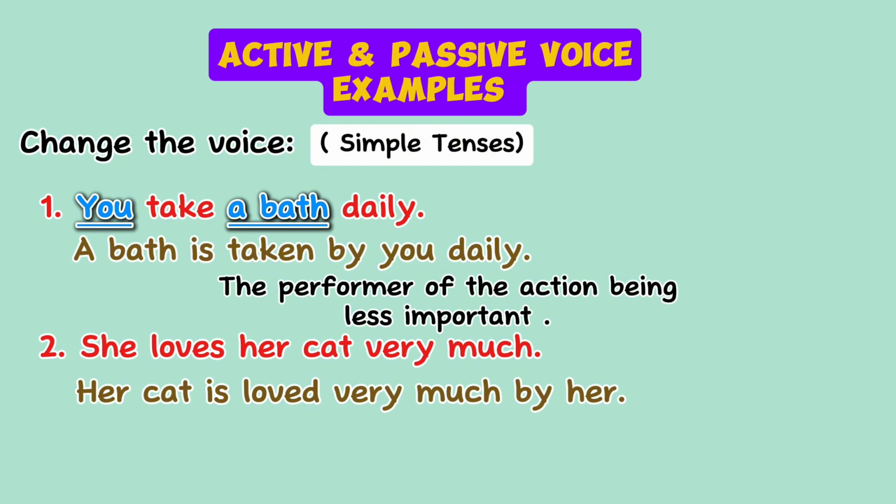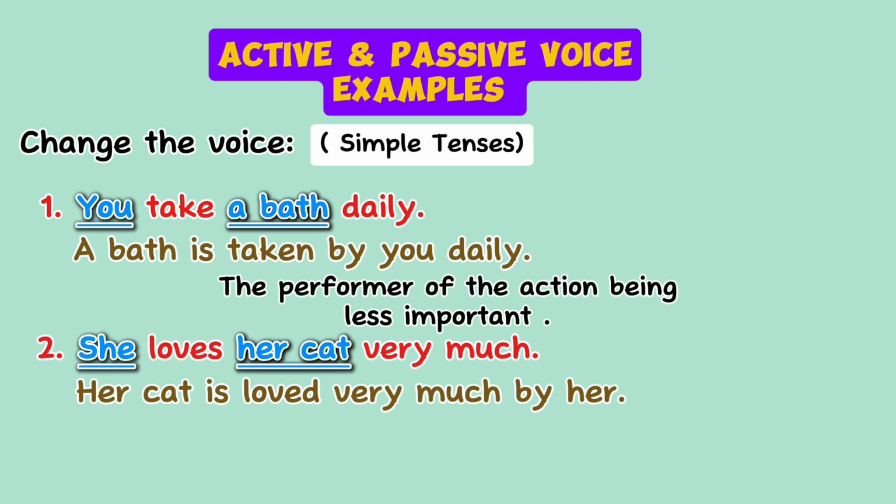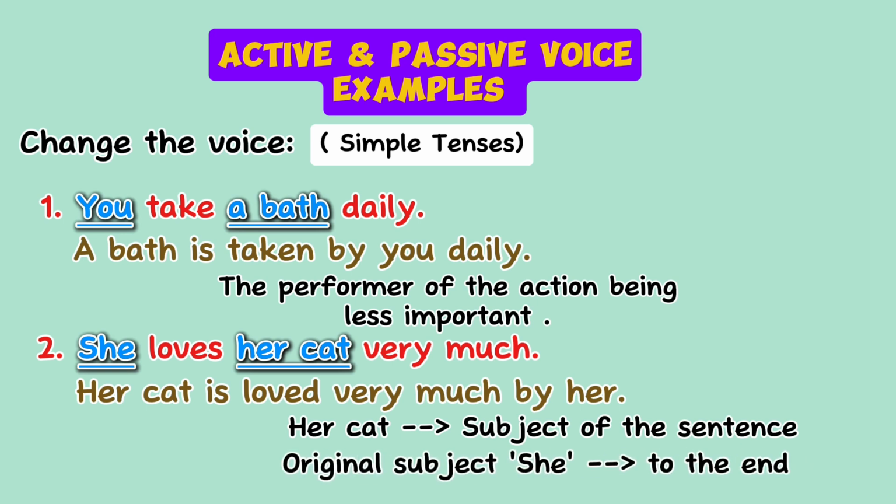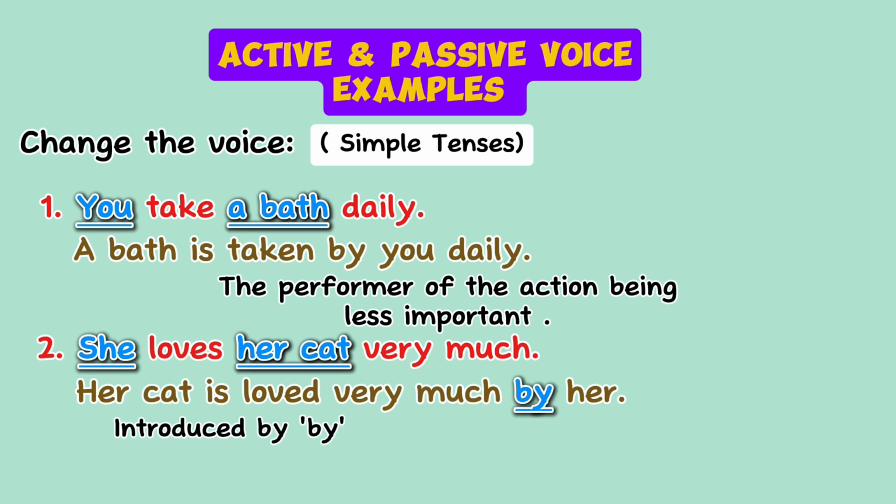In the original sentence, she loves her cat very much. The subject she performs the action of loving, which is directed toward the object, her cat. To convert this into the passive voice, the object, her cat, becomes the subject of the sentence, and the original subject, she, is moved to the end, introduced by "by."